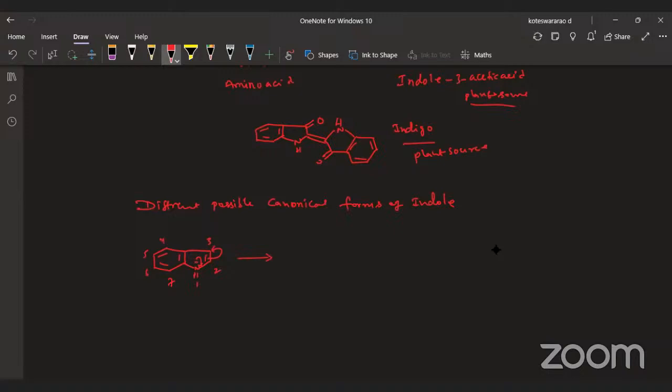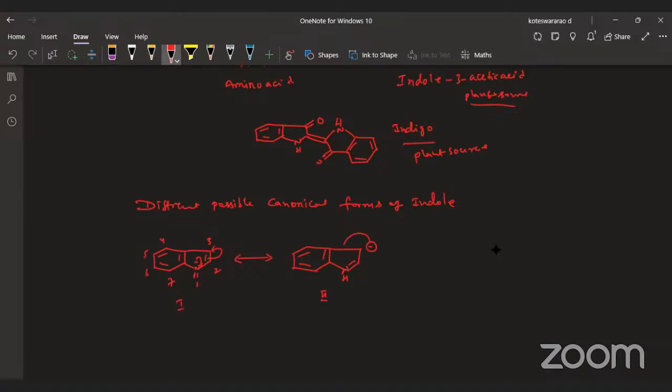Now it generates a resonance structure. Here it forms a negative charge. This is the first form. You can see that this is the second resonance structure.